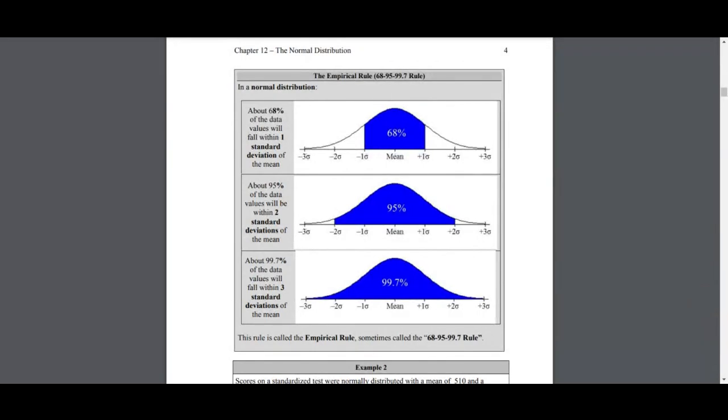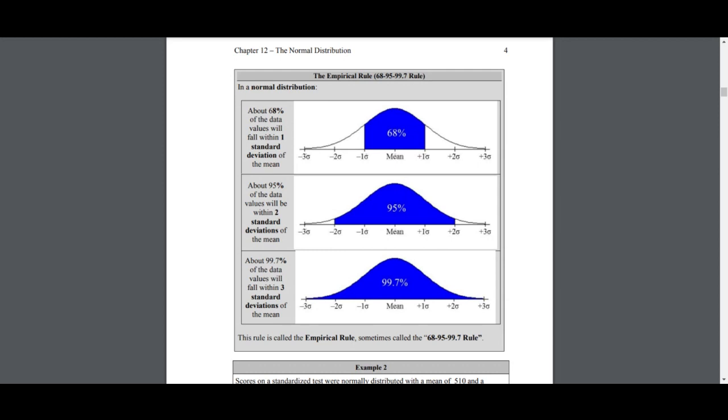The empirical rule. Basically, we're going to build on this and see how you can find where the percentage of values lie. In other words, if you want to know what percentage of the data values are less than 1.5 standard deviations from the mean, or if a data value's z-score is 2, what percentage of the data values are less than it?